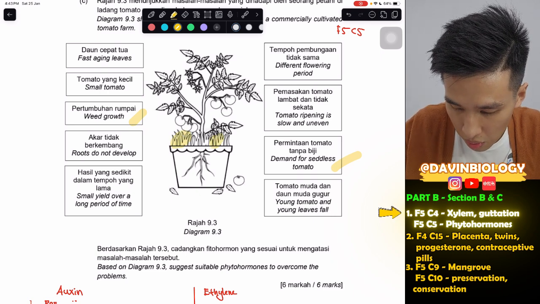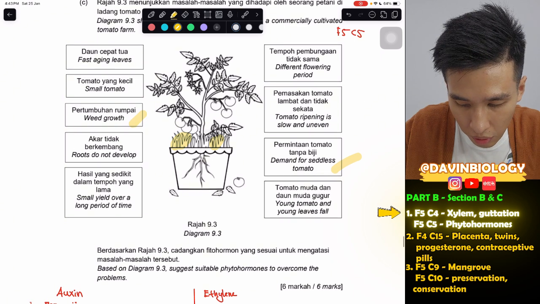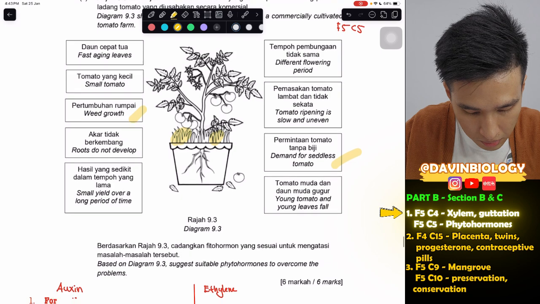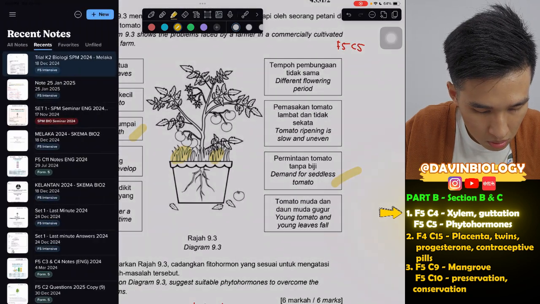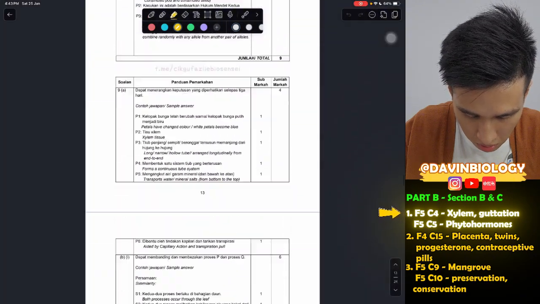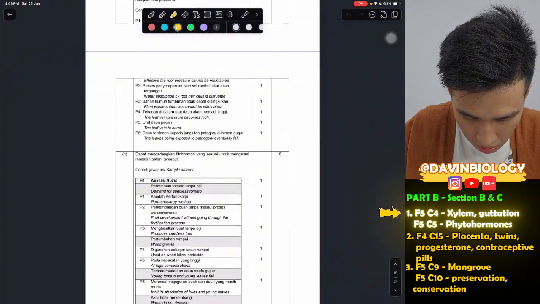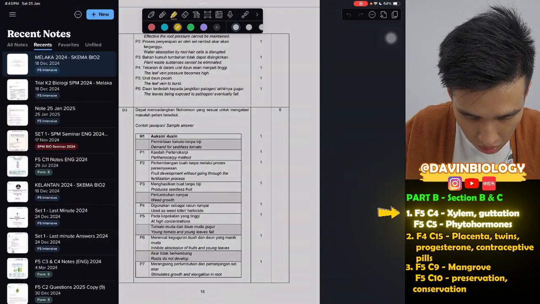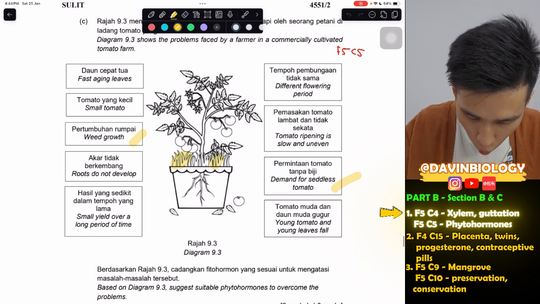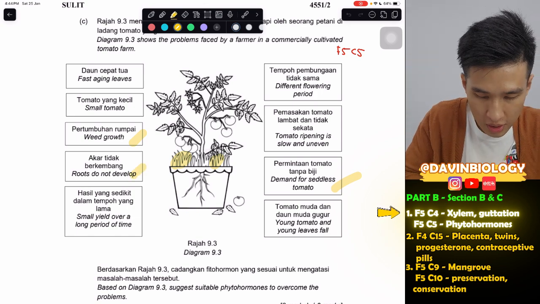Mainly for these two. And you also can say for roots.